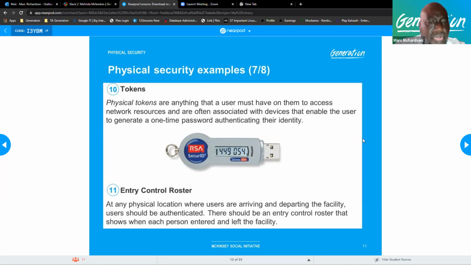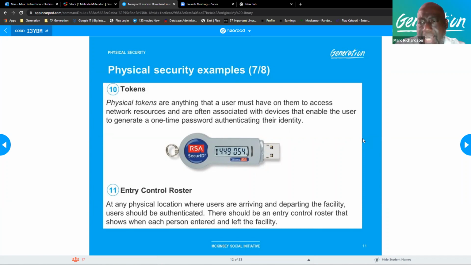Entry control roster. At any physical location where users are arriving and departing the facility, users should be authenticated. There should be an entry control roster that shows when each person entered and left the facility. If you go to a lot of companies, generally tech companies, where you have to be allowed access, they're going to try to track who's coming in and out of the building every day.